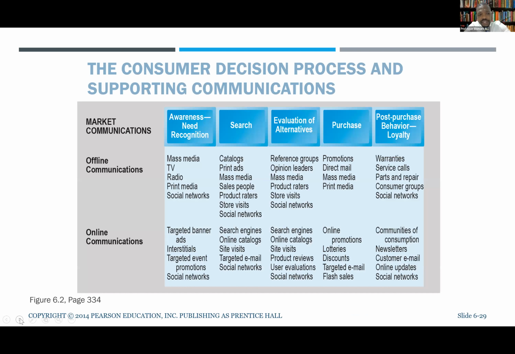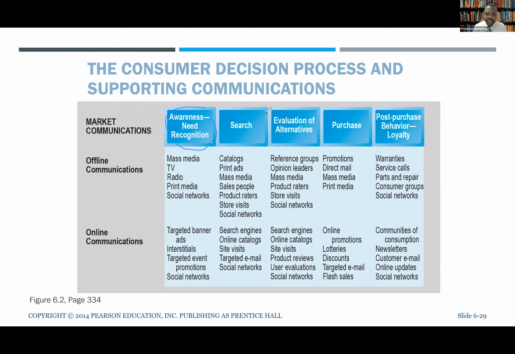So let's say, for example, looking at this entire chart, you have these areas. Let me annotate this for a moment. You have the following: market communication. So you have awareness, need recognition.